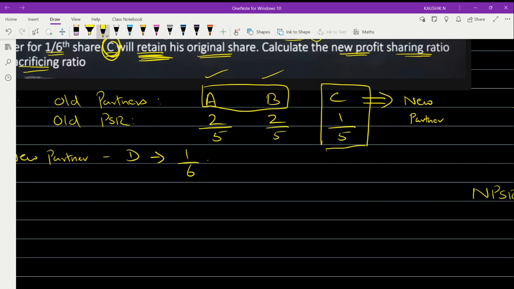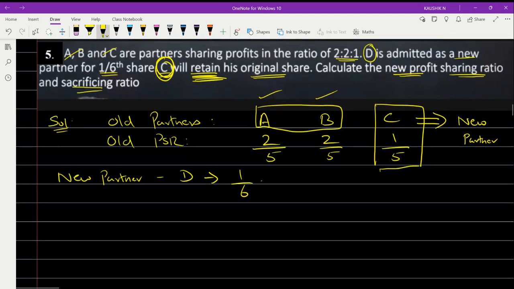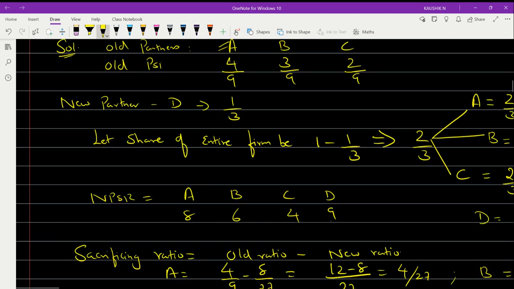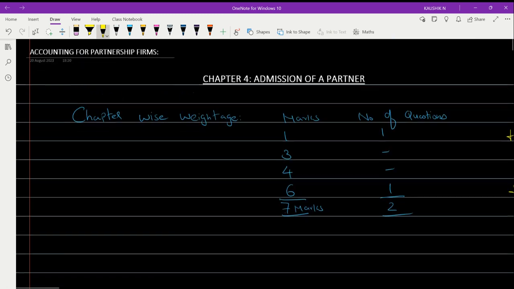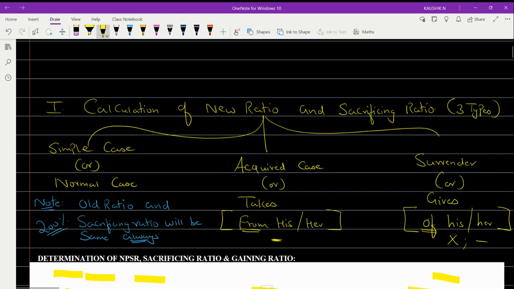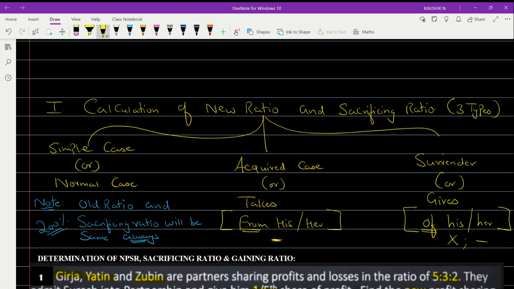Are you getting the sacrifice one is to one? That's it. So that means the old PSR itself will be the sacrifice. This is what I gave you as a clue in the beginning of the session. I said very clearly, under the simple case or the normal case, the old ratio as well as the sacrificing ratio will be the same.